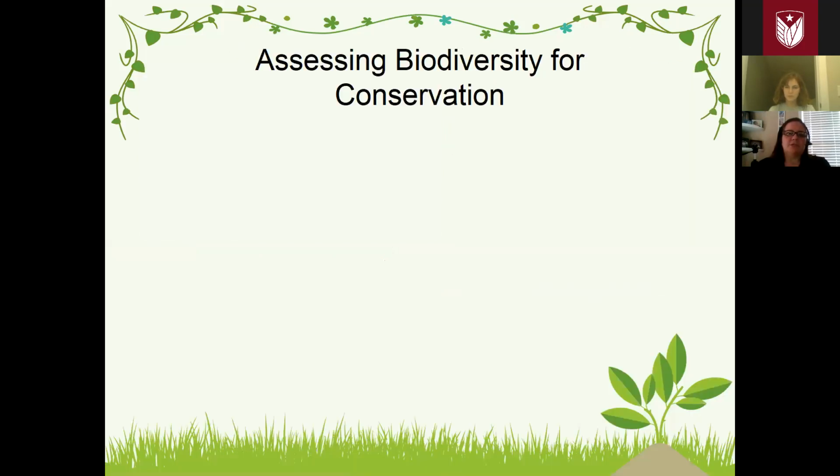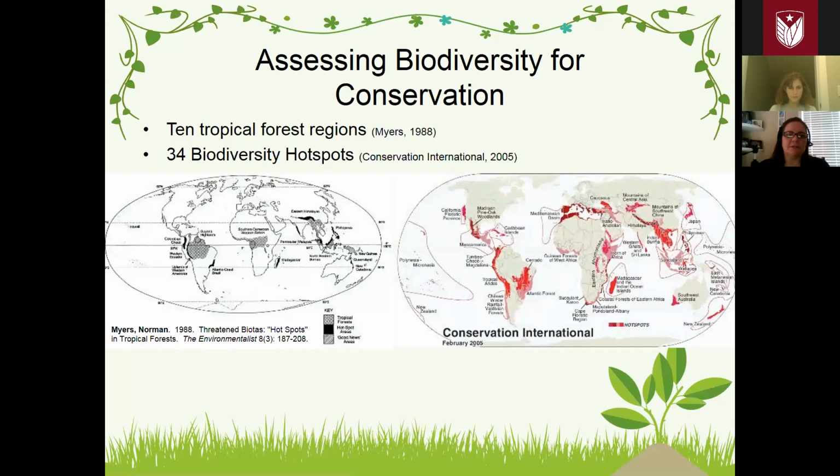As I mentioned, we try to assess biodiversity for conservation, and in the past, organizations like Conservation International have tried to figure out where to put their money. Back in 1988, Norman Myers coined the term hotspots.